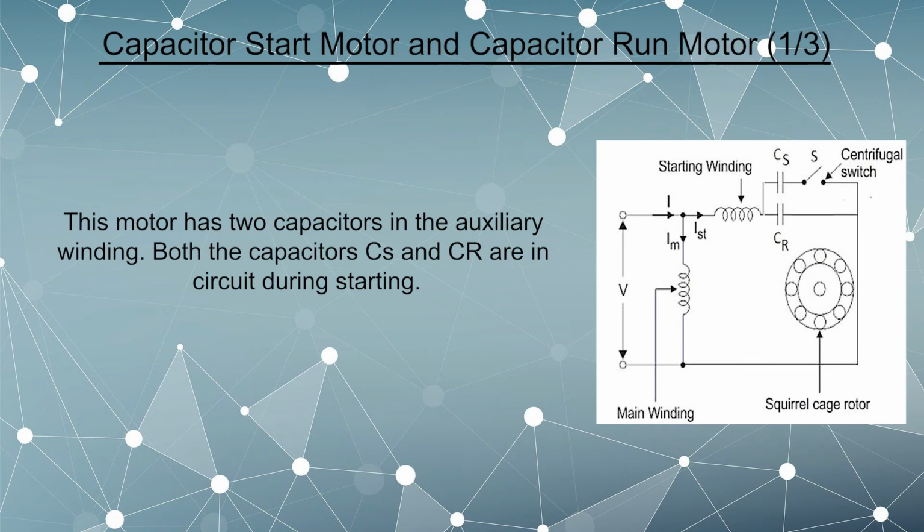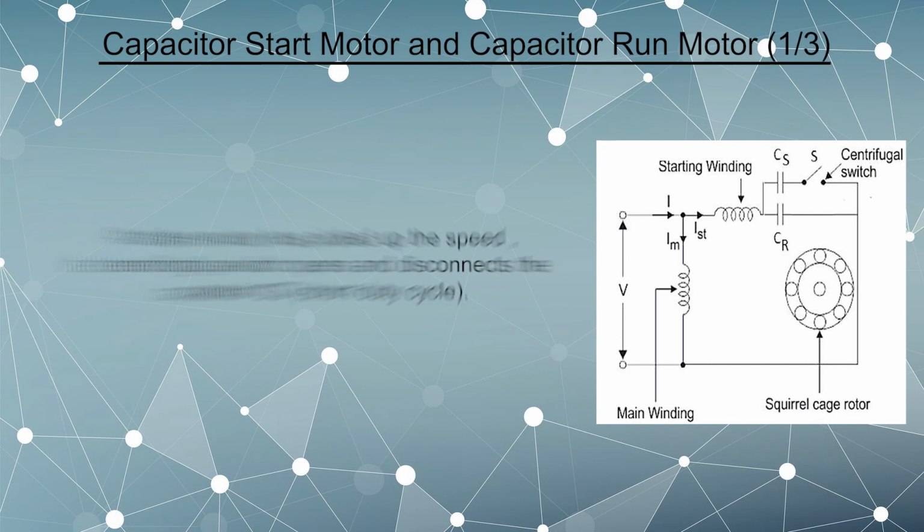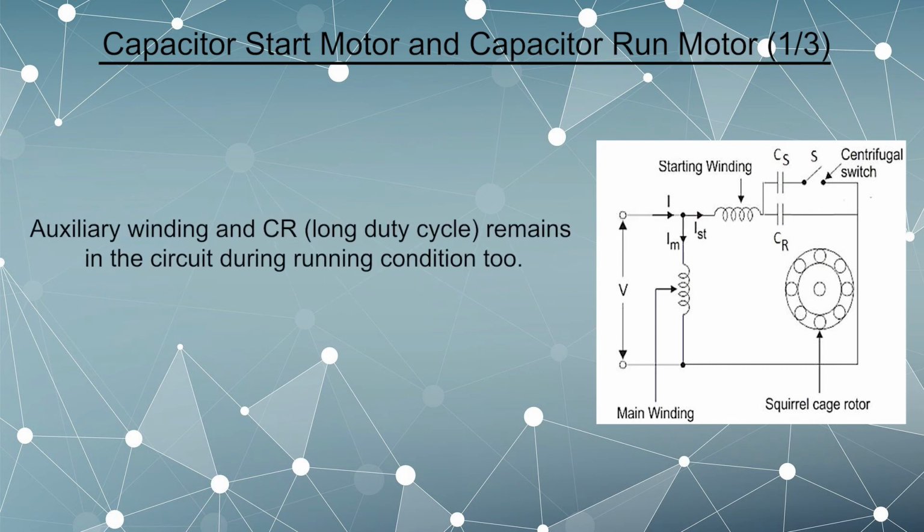Both the capacitors are represented by CS and CR, and they are in the circuit during starting. After the motor has picked up speed, the centrifugal switch opens and disconnects the capacitor CS. This capacitor is of short duty cycle because it is in the circuit for a small time only, but the capacitor in the auxiliary winding which is running is of long duty cycle because it remains in the circuit during the running condition also.